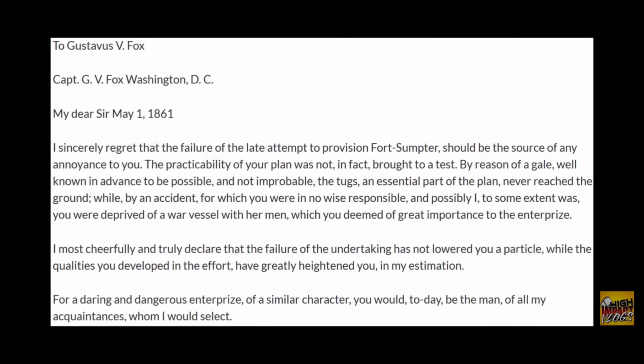I most cheerfully and truly declare that the failure of the undertaking has not lowered you a particle, while the qualities you developed in the effort have greatly heightened you in my estimation. For a daring and dangerous enterprise of a similar character, you would today be the man of all my acquaintances whom I would select.